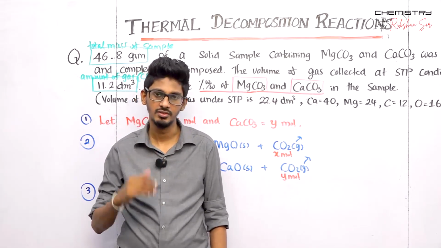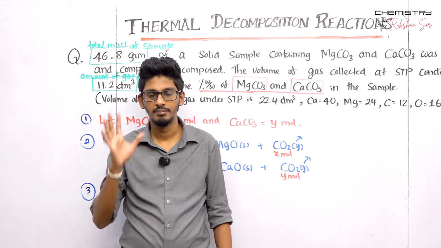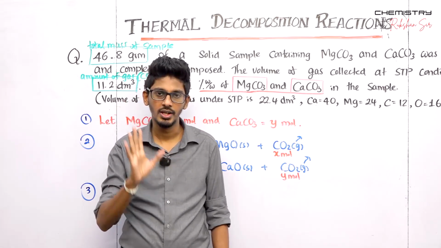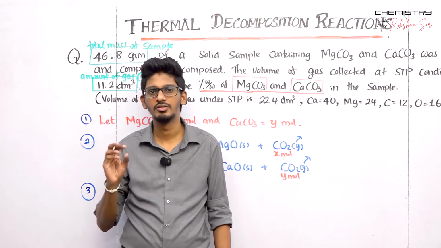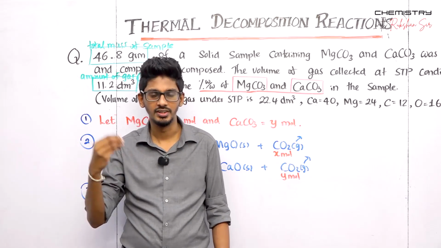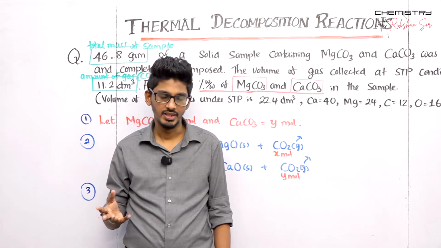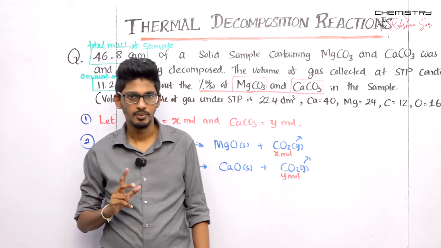In terms of x and y, we need to come up with simultaneous equations, but they will be written only for masses or moles. We are not going to write simultaneous equations for volumes or any other quantities. They are for masses or for moles, right?